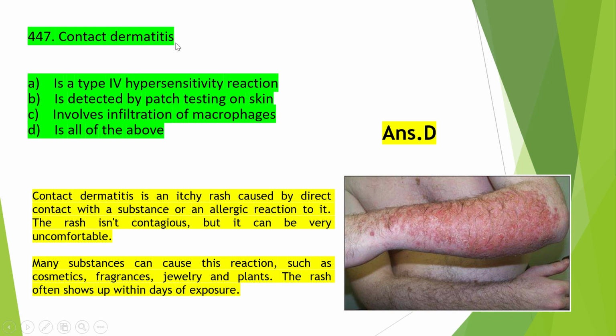So contact dermatitis is an itchy rash caused by direct contact with a substance or an allergic reaction to it, and the rash isn't contagious, but it can be very uncomfortable. Many substances can cause this reaction, such as cosmetics, fragrances, jewelry and plants, and the rash often shows up within days of exposure. So this is contact dermatitis seen like this.